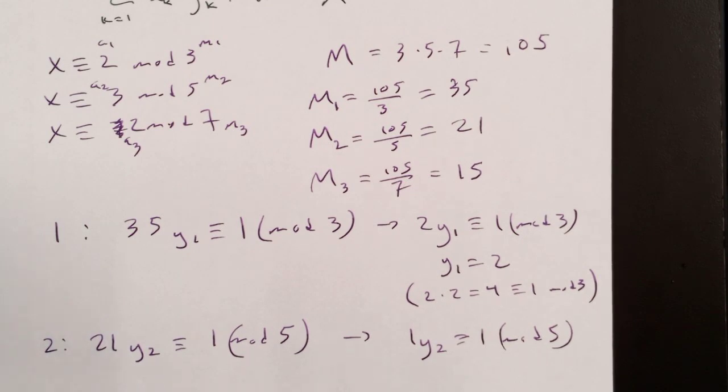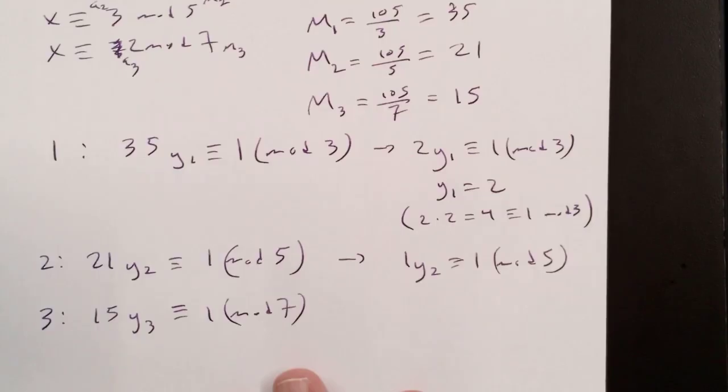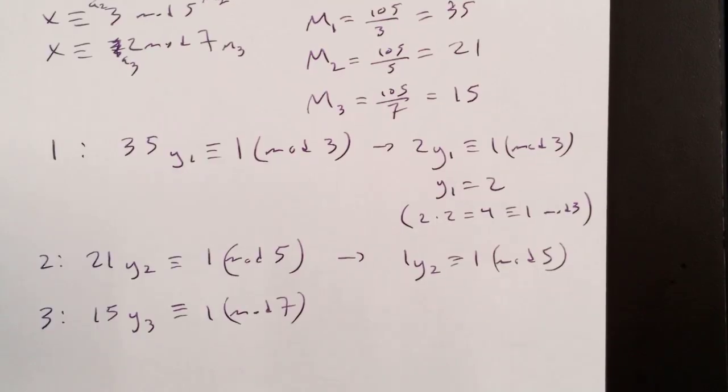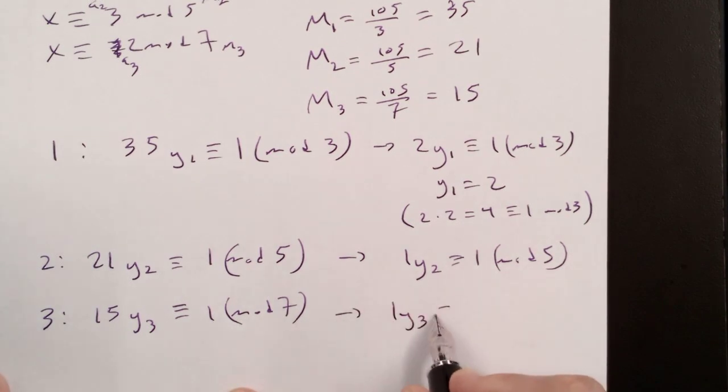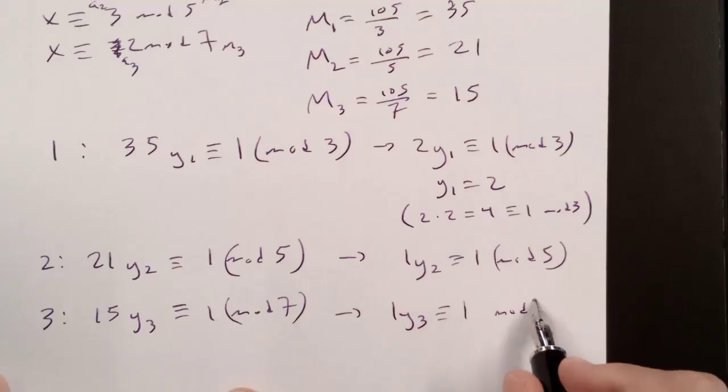Do the third one. 15y3 congruent to 1 mod 7. 15 is too big. What's 15 mod 7? 14 with 1 left over, right? That means that 1y3 is equal to 1 mod 7.